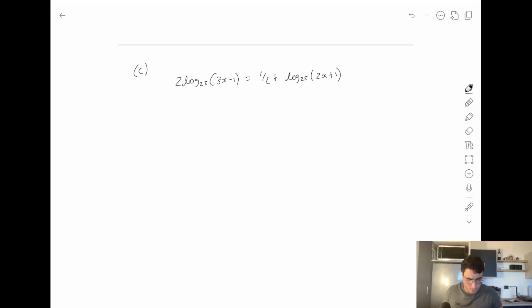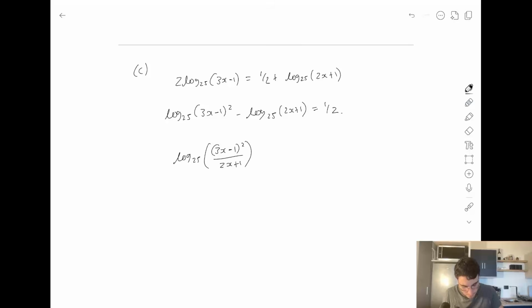So I can basically say log 25, 3x minus 1 squared, minus log 25, 2x plus 1 is equal to a half. So I still don't know what to do, so I'm going to simplify it down. So log 25 of 3x minus 1 squared over 2x plus 1 is equal to a half.